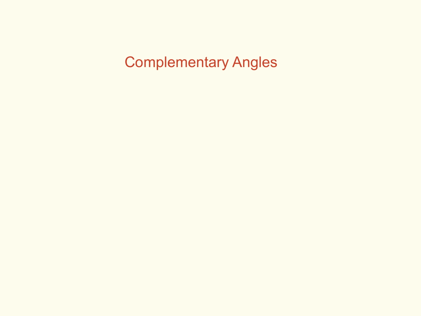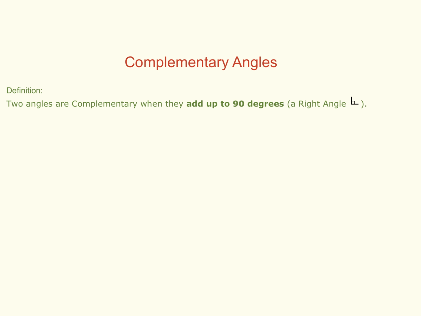Now we're going to cover complementary angles. Two angles are complementary when they add up to 90 degrees. For example 1, we have two angles. The first angle is going to be equal to 50 degrees, and the angle above is going to be equal to 40 degrees.